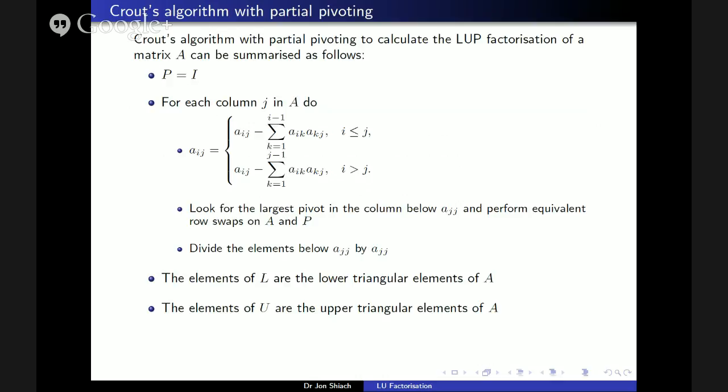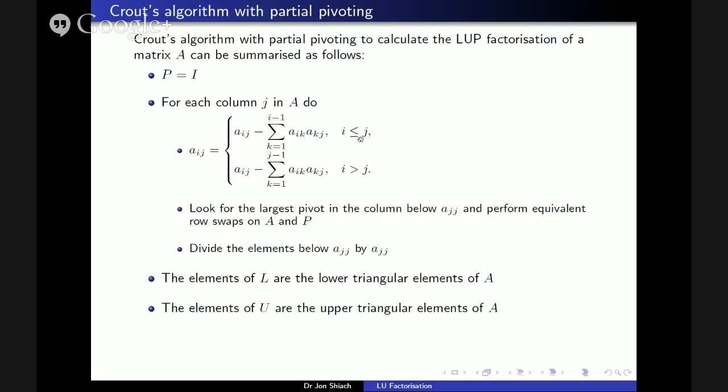As with the Crout's algorithm we saw last time, you take each column one by one in turn, and you change the values of the matrix A. So rather than saying this is an element from L, this is an element from U, we actually change the elements in A, depending on whether we're in the upper triangular section or the lower triangular section.